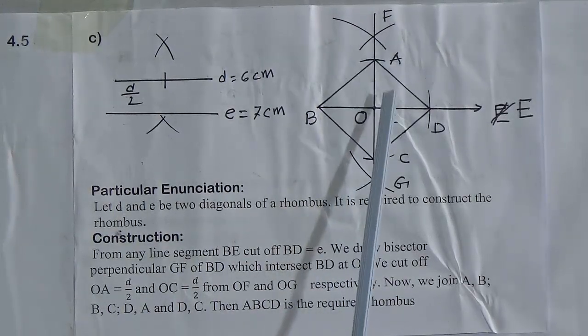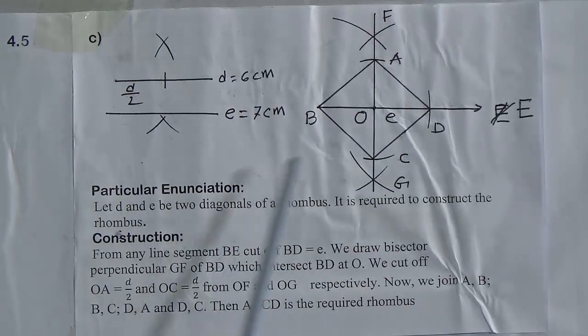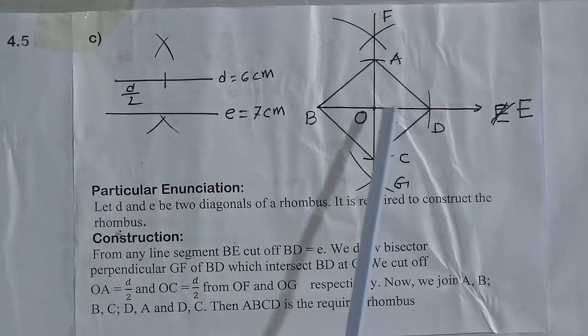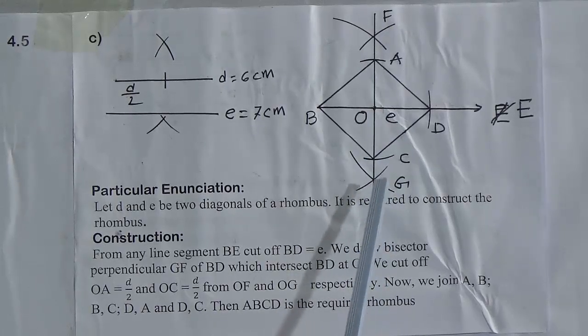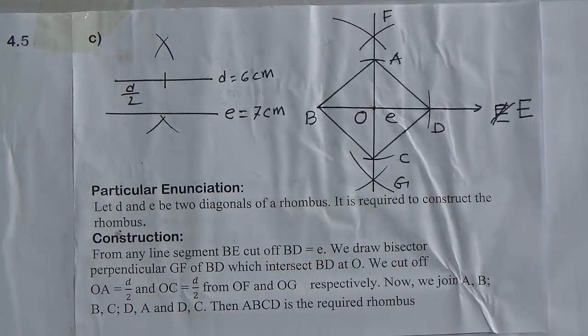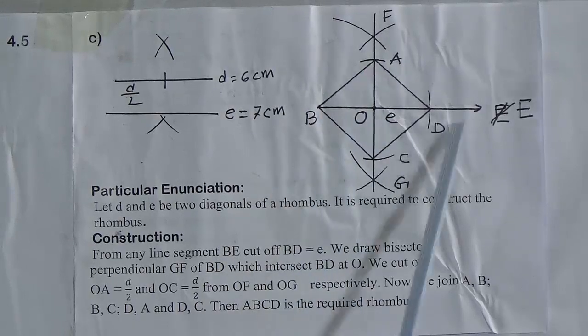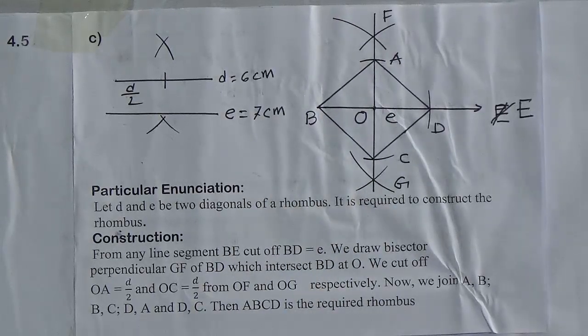This is d by 2. And OC equal to d by 2 from OF and from OG. Now join AB, AD, BC and CD. Then we get ABCD is the required rhombus.